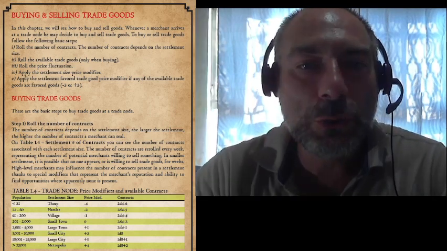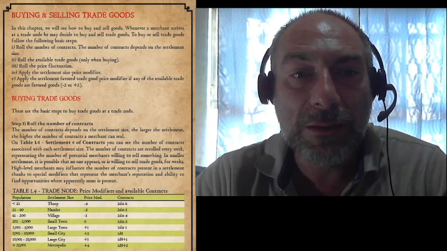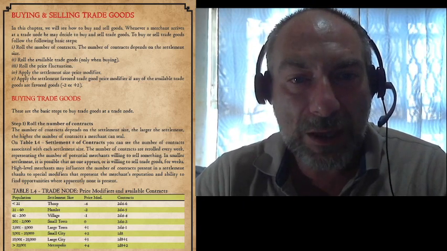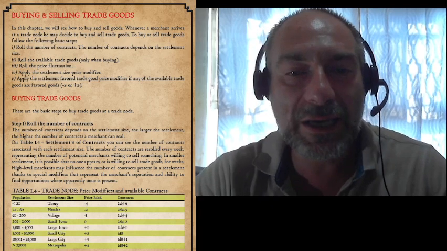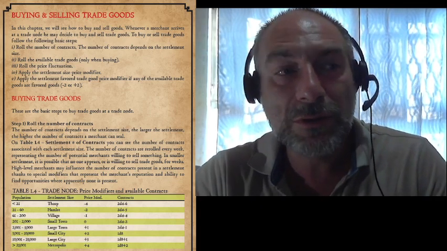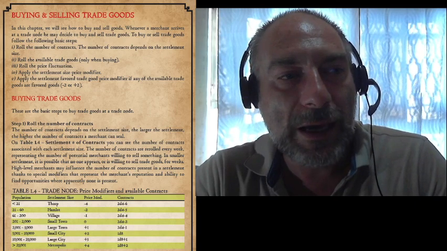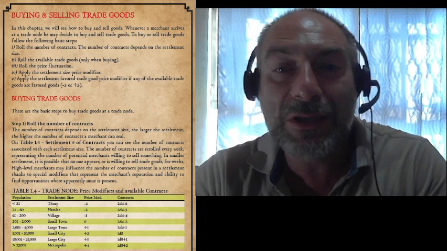Now, buying and selling trade goods. In this chapter you see how you can buy and sell. What does it mean? You buy and sell trade goods by sealing contracts. And again, every settlement, so every trade node, has a limited number of contracts.